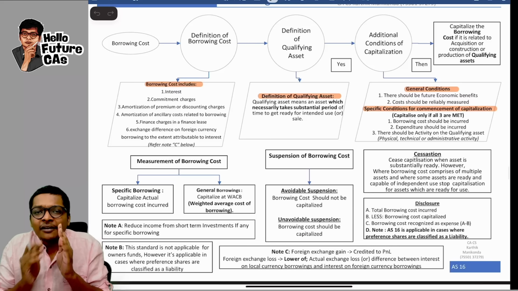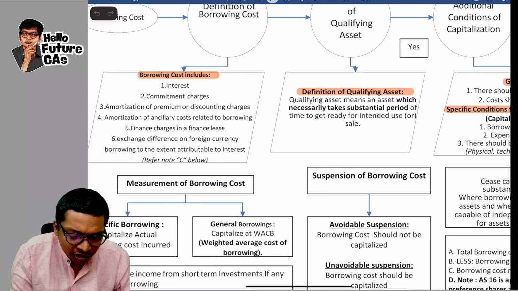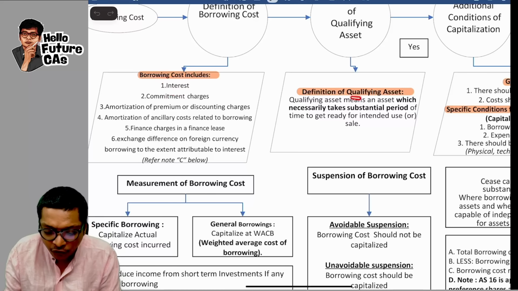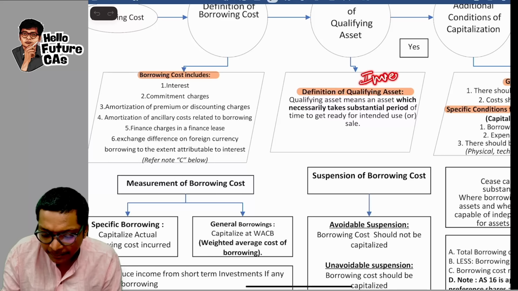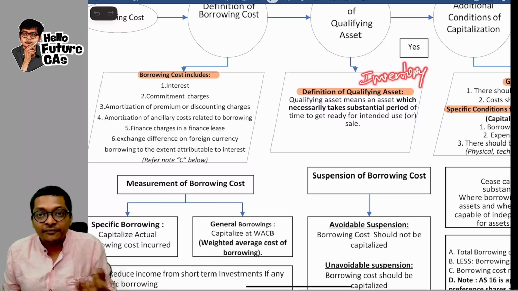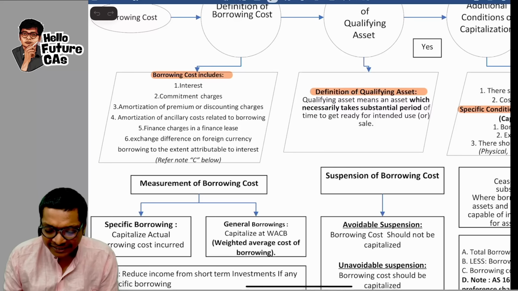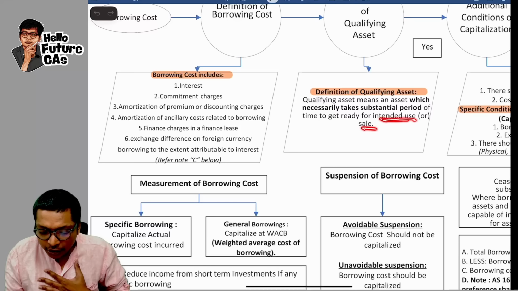So for this, we have to tell that, yes, any borrowing cost. What is borrowing cost? Borrowing cost includes interest, and if that interest is used for a qualifying asset, and if such a qualifying asset can be inventory also, then we will go ahead and capitalize. What is qualifying asset saying? Any asset which takes substantial period of time to get ready for intended use or sale.